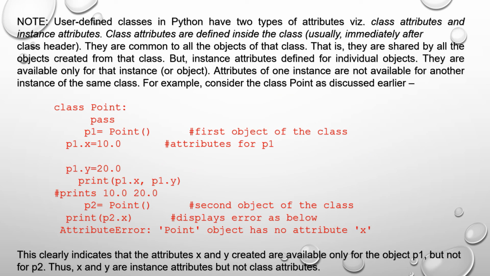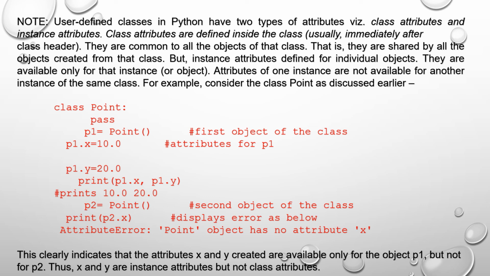Note that user-defined classes in Python have two types of attributes: class attributes and instance attributes. The class attributes are defined inside the class, usually immediately after the class header. They are common to all the objects of the class.